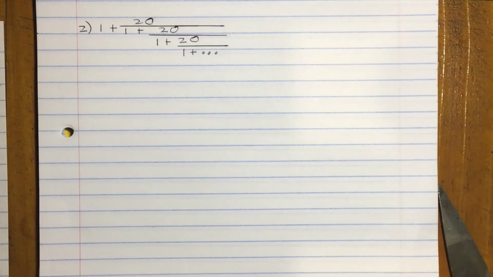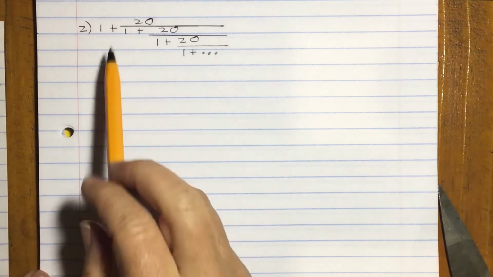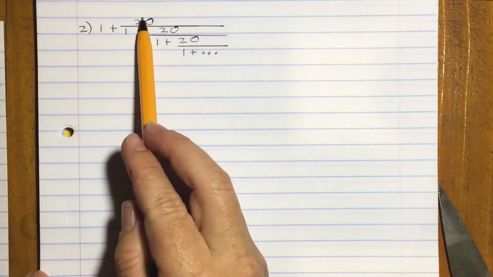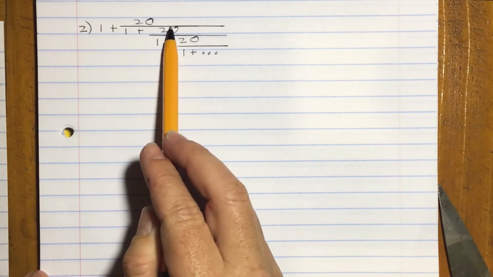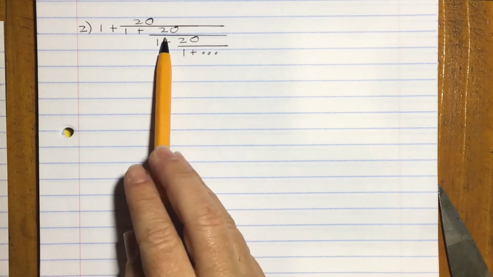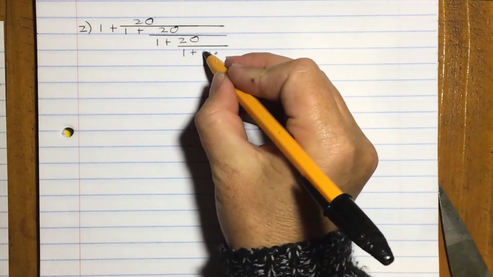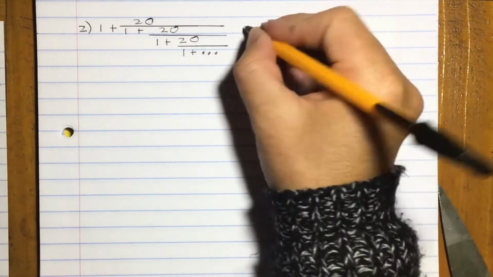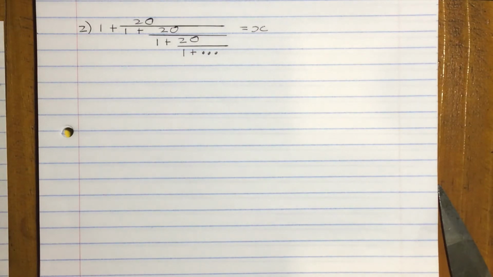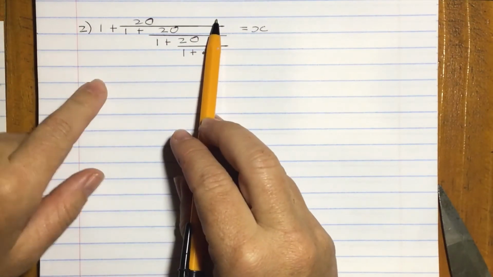Here is another example of continued fractions and calculating the value of it. So here you can see our new pattern, 1 plus 20 over 1 plus 20 over 1 plus, and it continues on and on forever. So your first step will be to make it equal to x. Your second step will be to start rewriting the fraction.